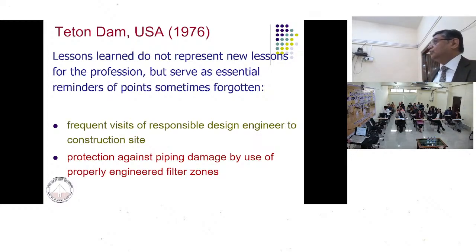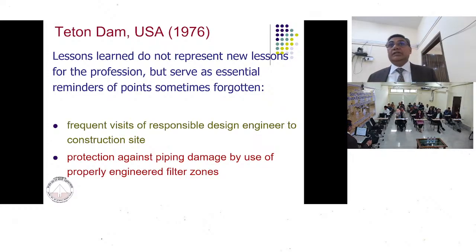We should do frequent visits to our structures. Many times we feel, the dam has been built for 100 years. Even if we go once in 10 years, then also it is okay. But your structure, if it is going to fail, is not going to wait for you for 10 years. We have seen that the majority of our earth dams, if at all those failures have occurred, it has occurred in a period of a maximum of 12 hours.